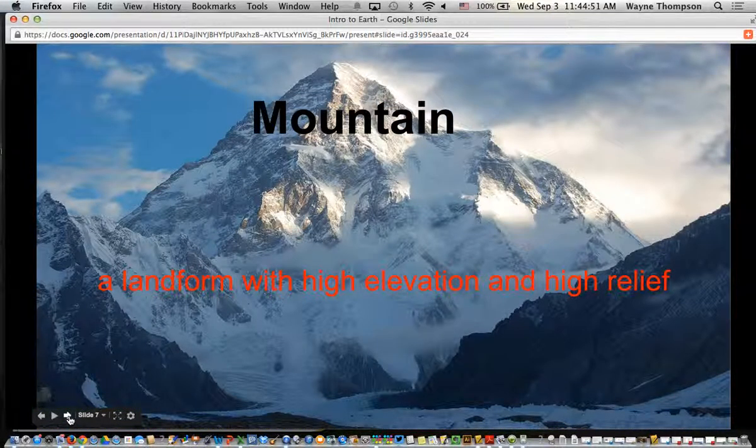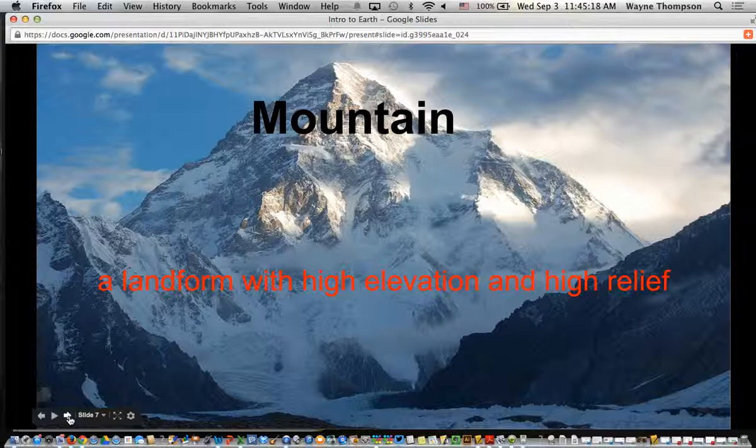A mountain, of course, you probably know this, is a landform with high elevation and high relief. So it has a significant amount of distance between the bottom and the top.